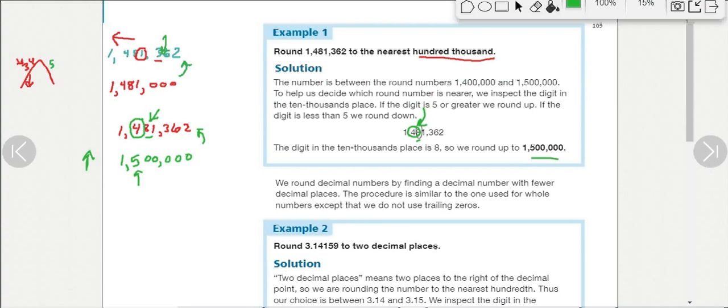If we round this decimal, 3.14159, I'd have to look again. But we're rounding it to 2 decimal places. That means that in my final answer, I will have 2 decimal spots. 3.1 something, right? That's 2 digits. Then this digit's just telling me what to do.